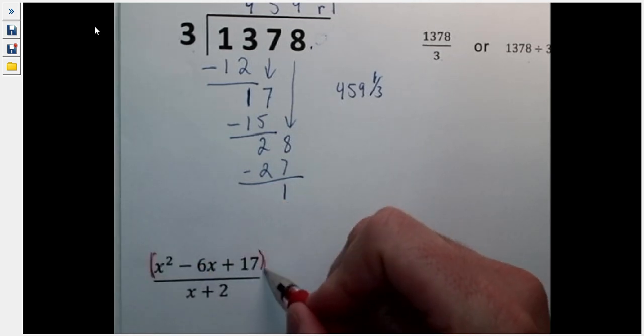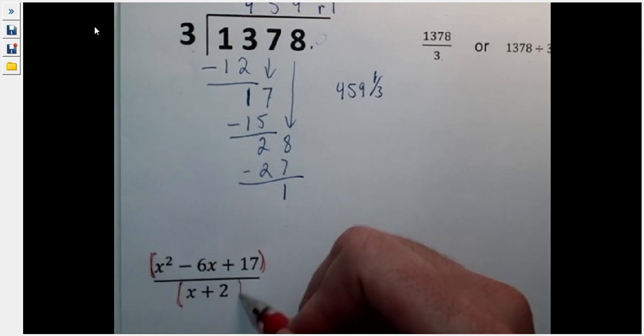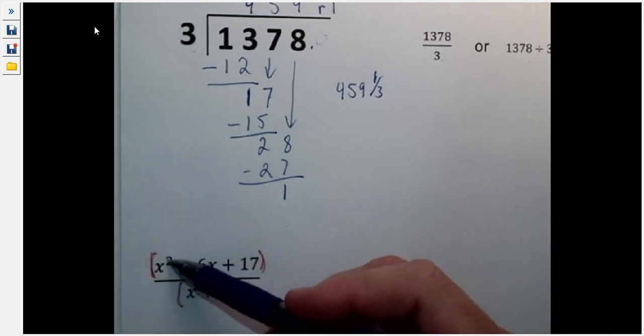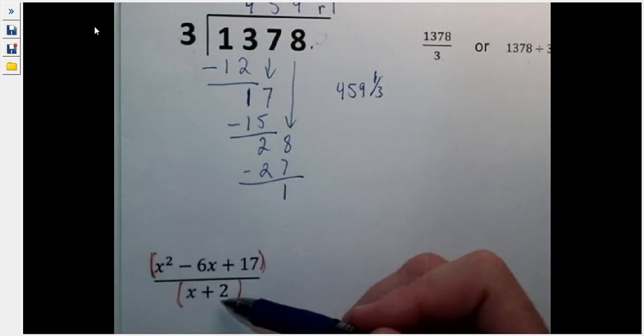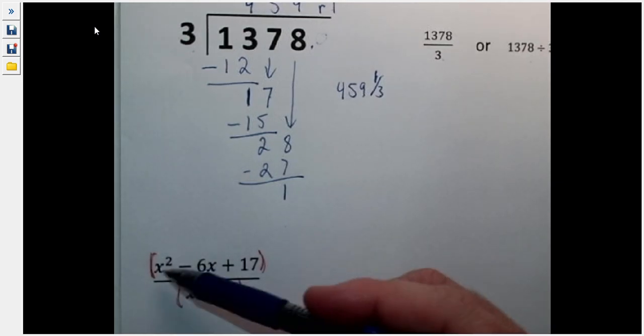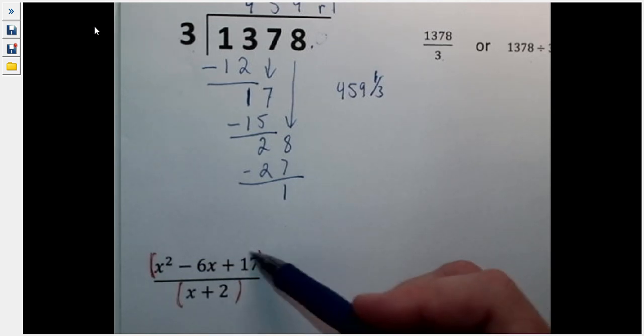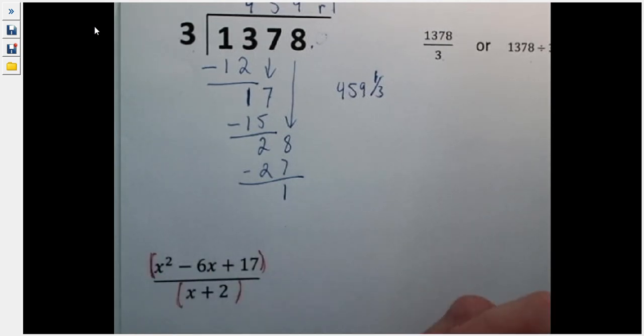The top has parentheses around it and the bottom has parentheses around it. So this is saying this whole quantity divided by this whole quantity. You can't break it apart. You can't just take x squared and divide it by x and -6 and divide it by 2 and get x minus 3x plus 17. It doesn't work that way. It's this whole thing divided by this whole thing, just like it is up here.